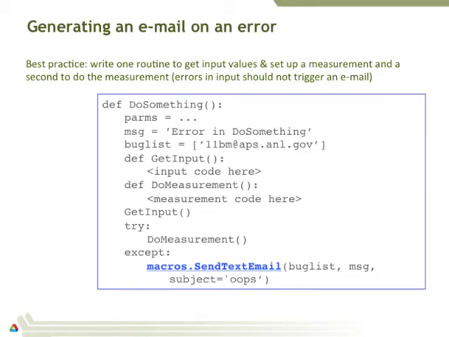It's happened while you're in this get input stage. It's only when it goes from the get input stage to the do measurement stage that you're going to walk away. And if it fails while you're in that part of the code, then you'll use the send email message to send emails, or for whatever brand of cell phone you have, you can find out the email address that corresponds to generating texts.